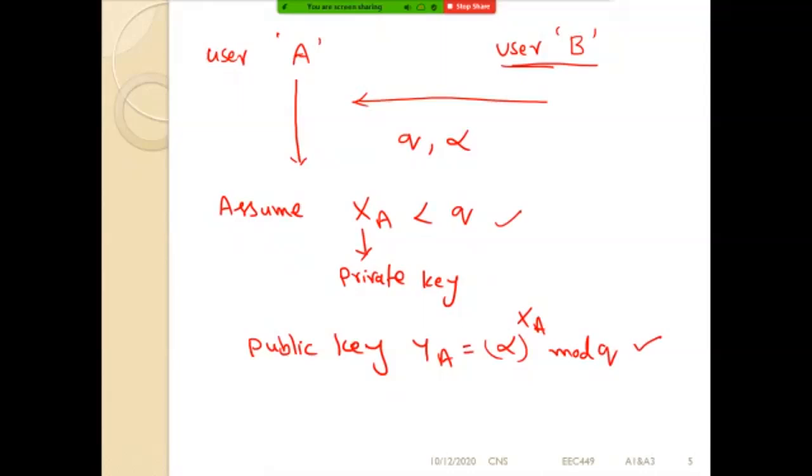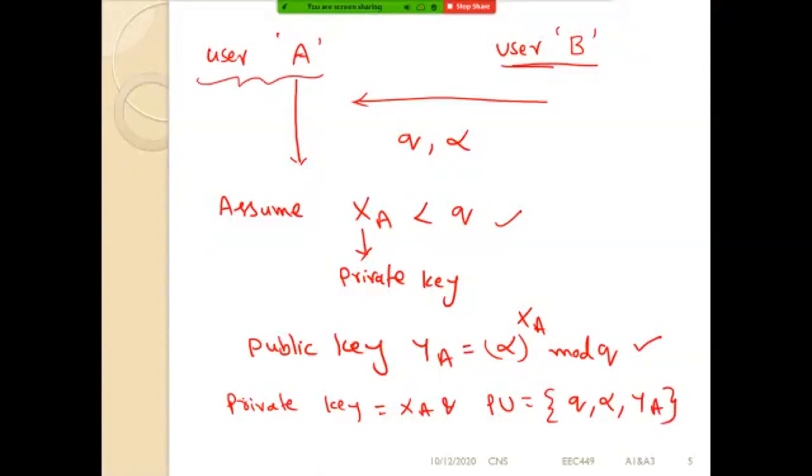The private key is XA, and the public key can be denoted as Q, alpha, and YA, because these three things can be known by any user in that network. Up to now, is this clear? User A has to receive something from user B, but the actual process will start from user A.